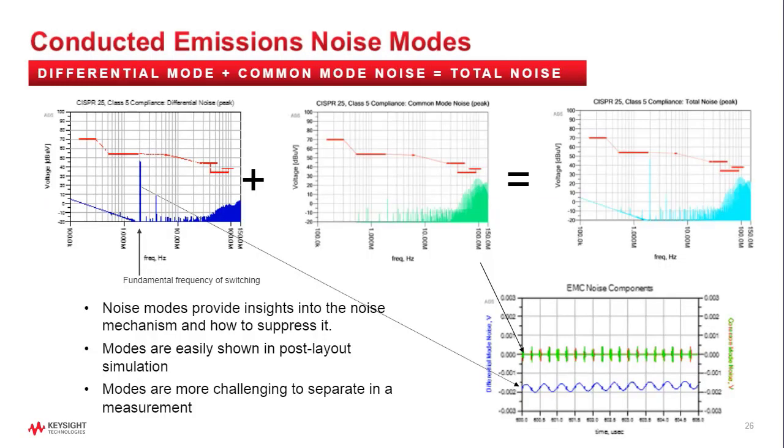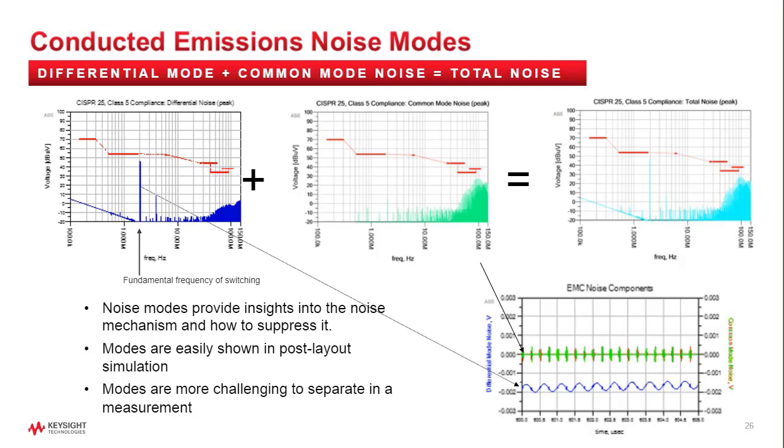And in the lab, when you make the measurements, you typically will see the composite noise, which is the differential and the common mode combined. What's nice about the simulation environment is I can separate the two. That's simple and very convenient to do, and gives you a lot more insight as to what's going on. If you look on the far left, the blue trace, that's the differential noise measurement, and you can see there the switching frequency fundamental very clearly. That's the sine wave in the time domain waveform on the bottom right.